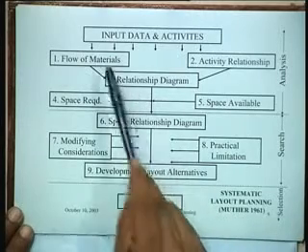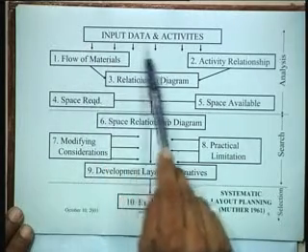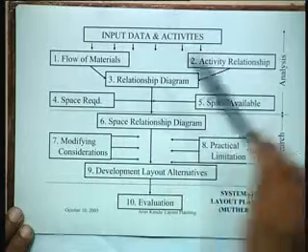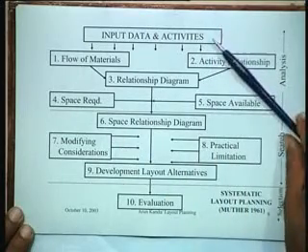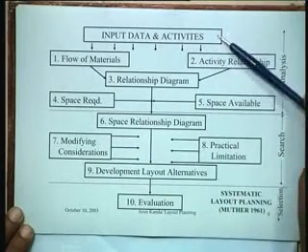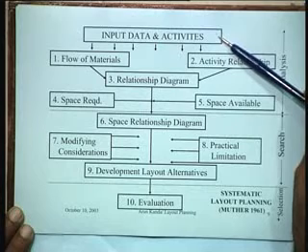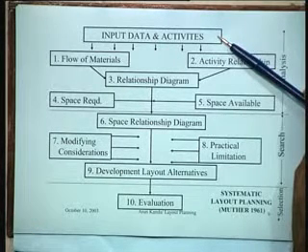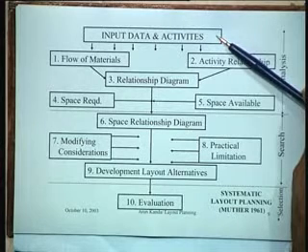For instance, the first thing that is required is to input data and activities. Now, what is the kind of data or activities that you have to input for this particular problem? There are three kinds of data that you need to input: the product data, the process data, and the schedule data. We talked about this.